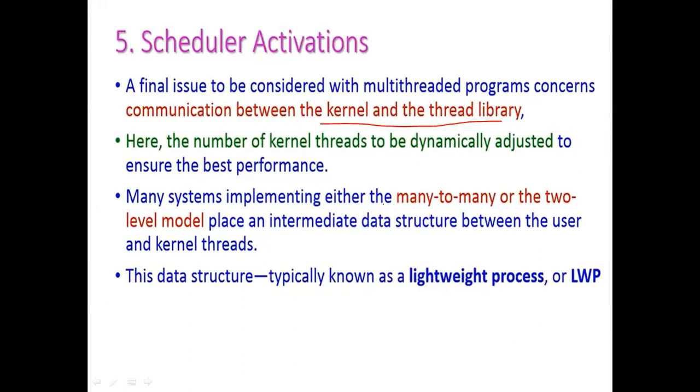Many systems implement either the many-to-many model or the two-level model, which places an intermediate data structure between the user thread and the kernel thread. This data structure we call a lightweight process, or simply LWP. The issue is that we need to maintain the communication between the kernel and the thread library in the multi-threaded program.